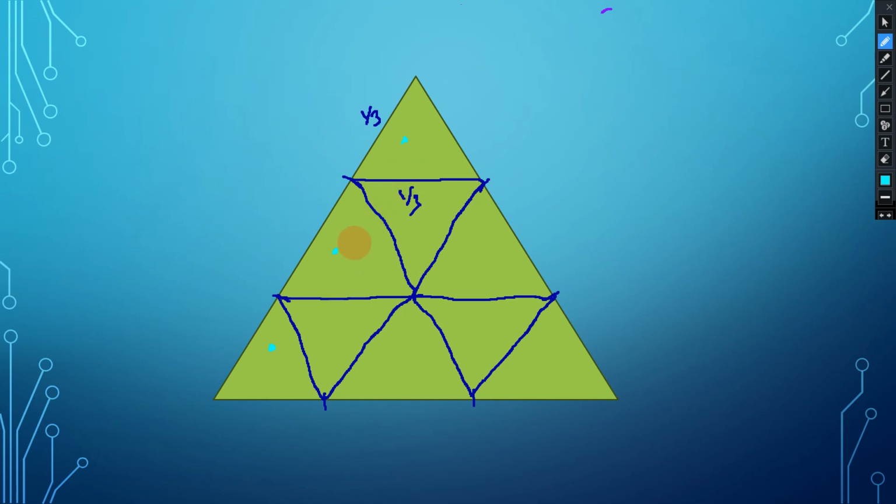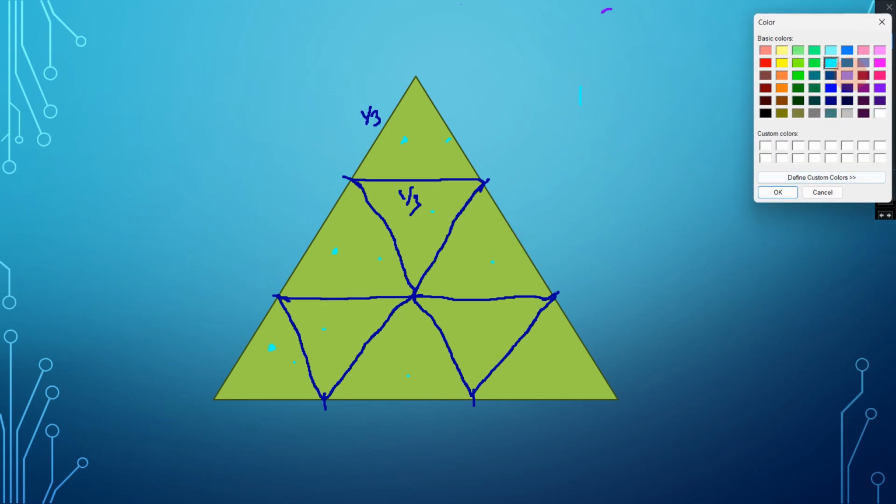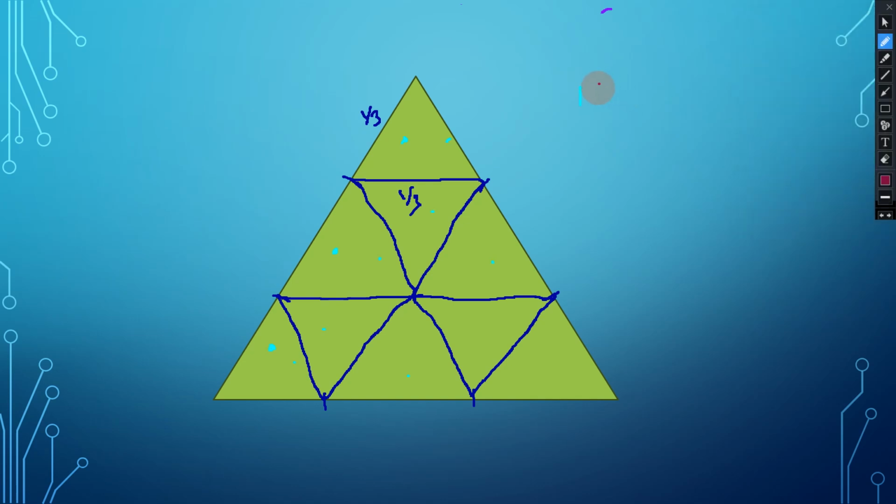Now how do we identify that there would be at least 2 points all the time, no matter how you distribute these points inside these holes, whose distance will always be less than 1 by 3? Okay. So let's see how many holes we have. 1, 2, 3, 4, 5, 6, 7, 8, 9. We have a total of 9 holes. And our number of points, or pigeons, is 10 and our holes are 9.